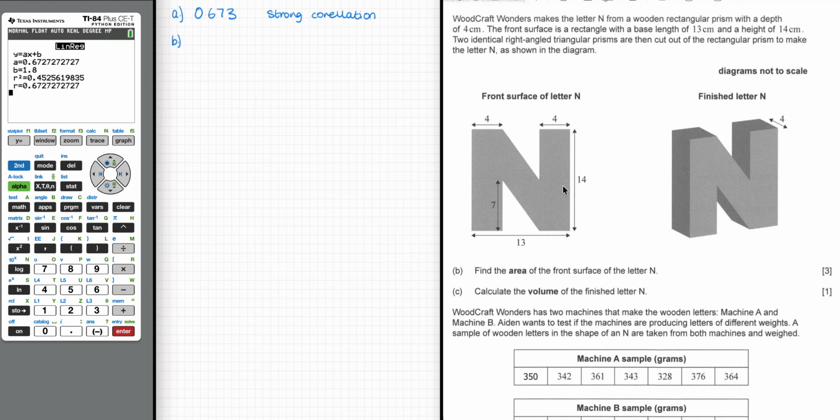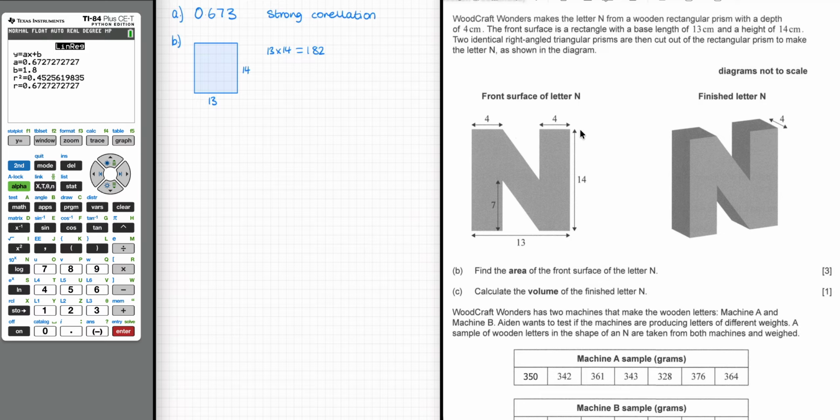So to do that, we need to try and work out the size of the full measurement, which would be 13 times 14, and you can type that into your calculator, and we find that that's 182.